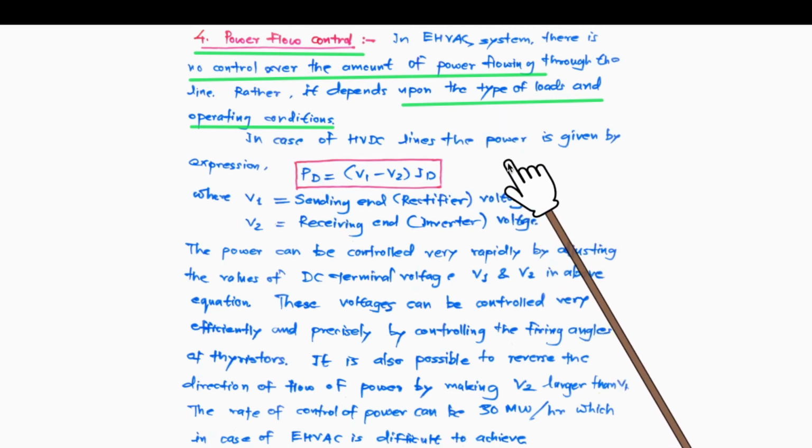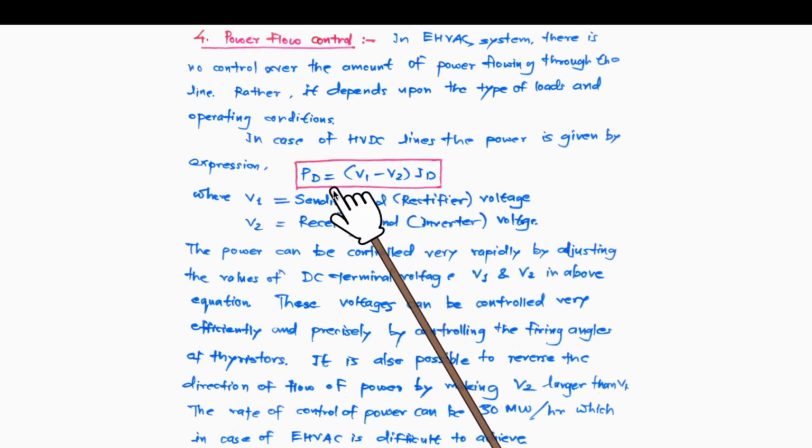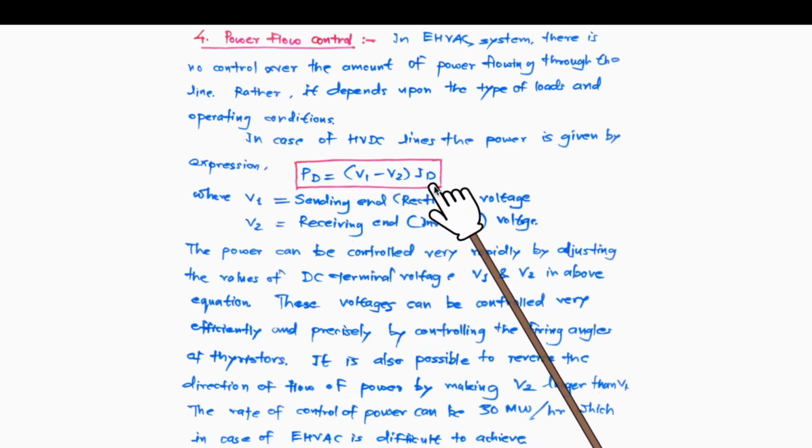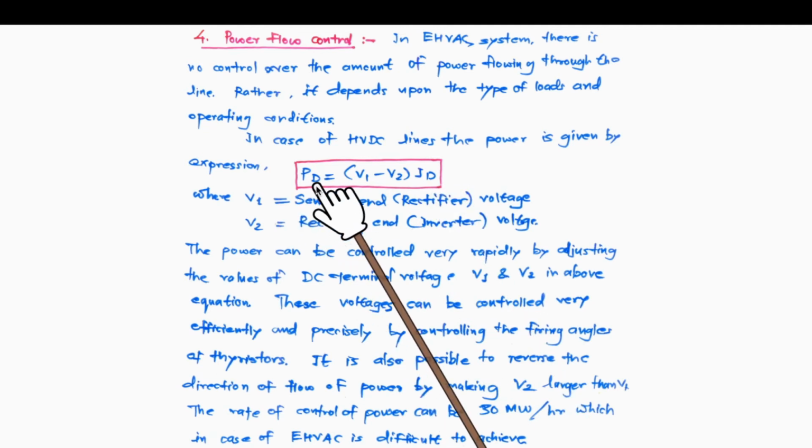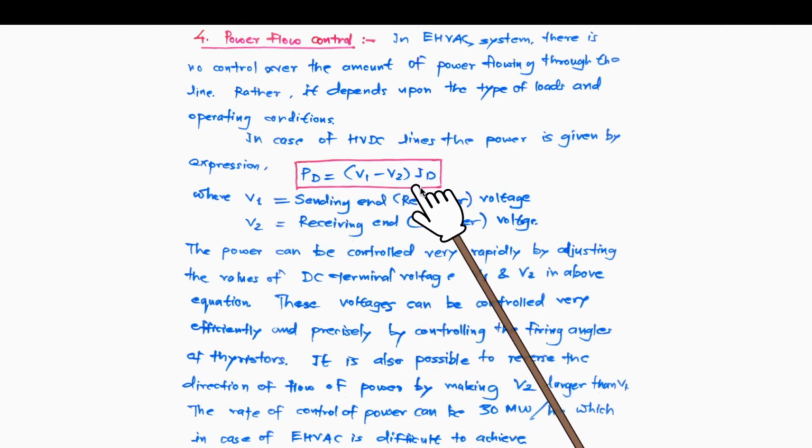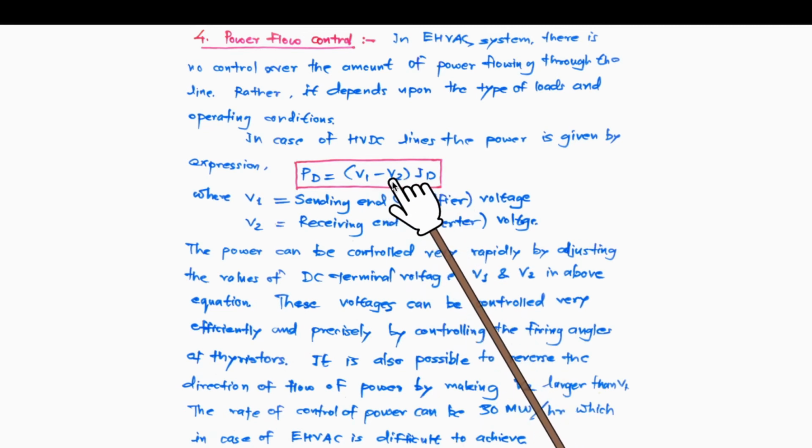But when we come to the other alternative, that is the HVDC line, the power is given by the equation PD = (V1 - V2) × ID. Basically DC power, VD into ID. What is V1 minus V2?